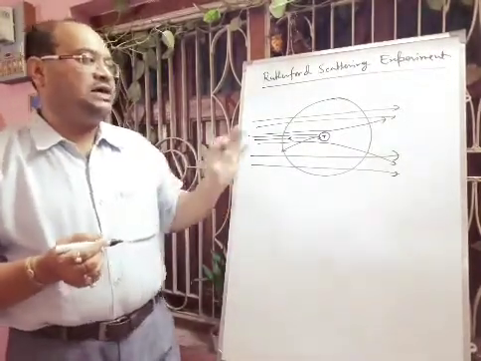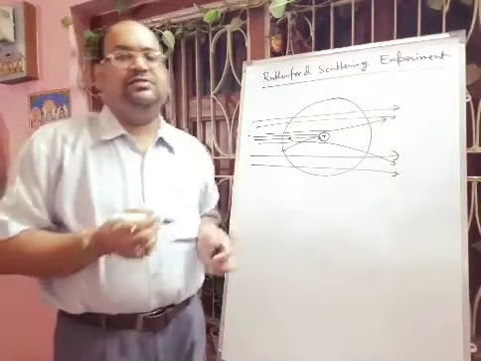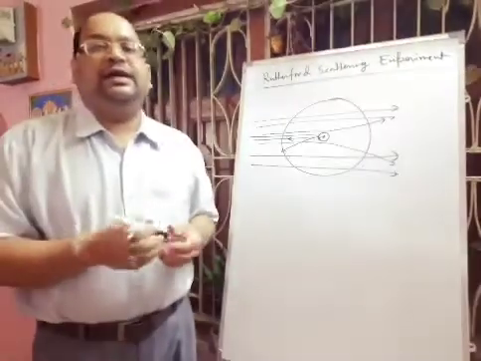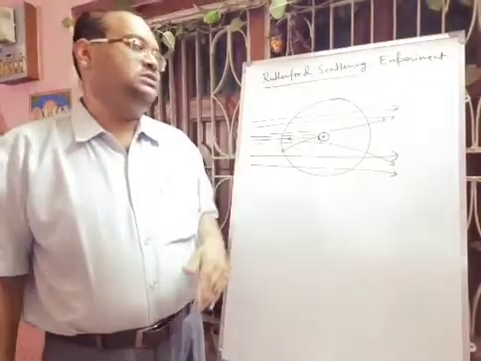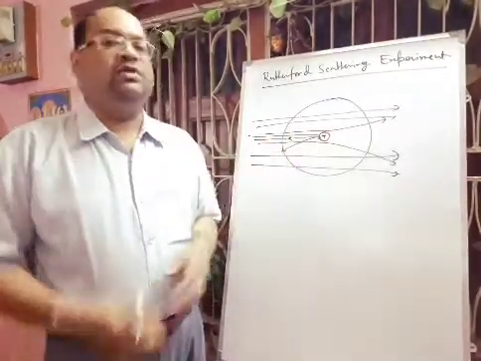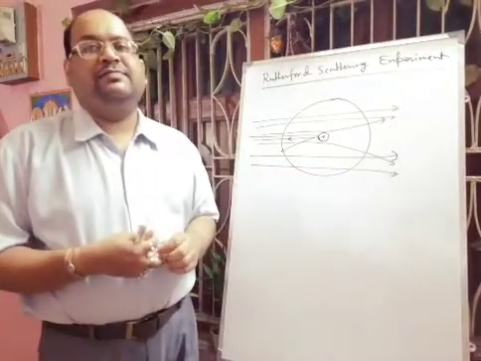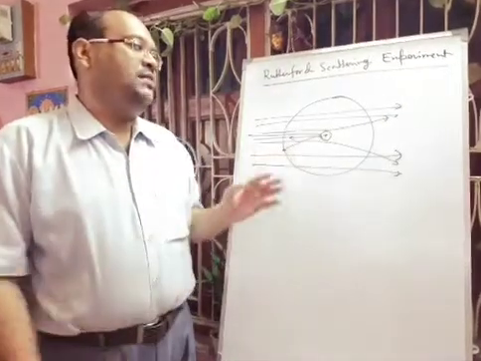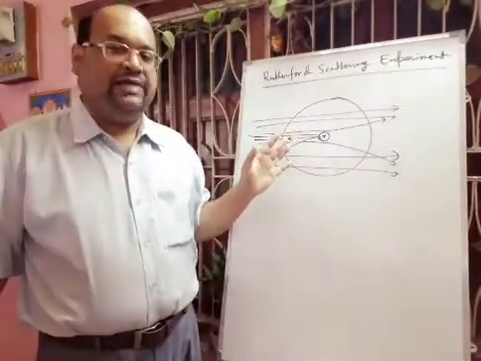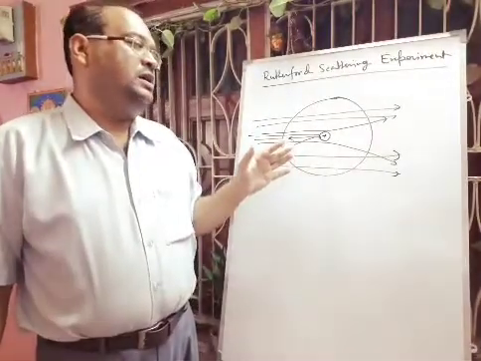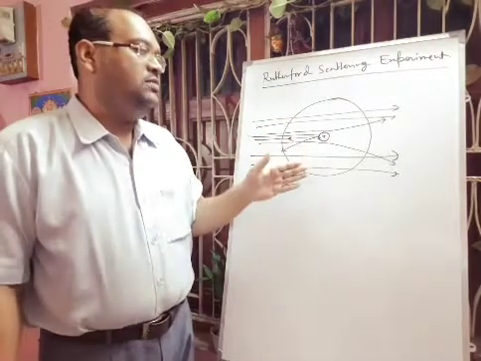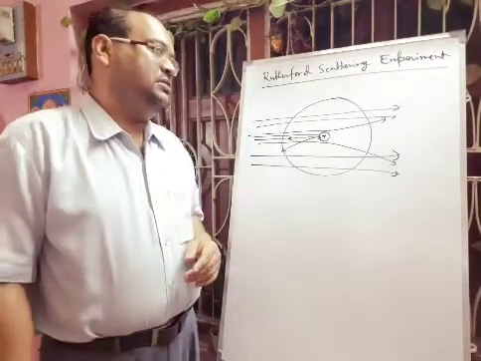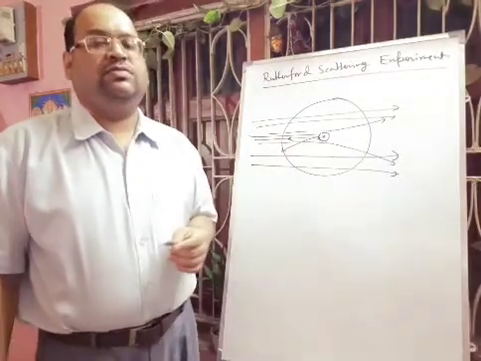Now what is the conclusion of this experiment? Since a large number of alpha particles pass through the gold foil without any deflection, the maximum space of the atom is empty. When the space is empty, definitely there will be no deflection of the alpha particle. So this is your first conclusion.